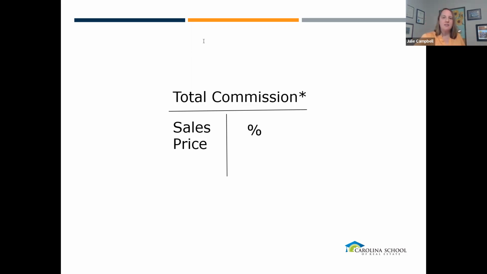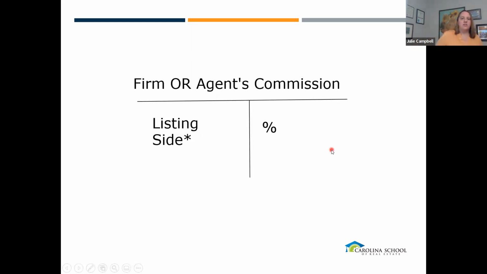Once you have the side's commission, then you get to use another T-bar. Is it the listing side? Is it the selling side? You have to know what the problem's asking you. Once you have the side's commission, now you're figuring out the firm or the agent's commission. So the second tier, I know how much Homes Realty is getting.